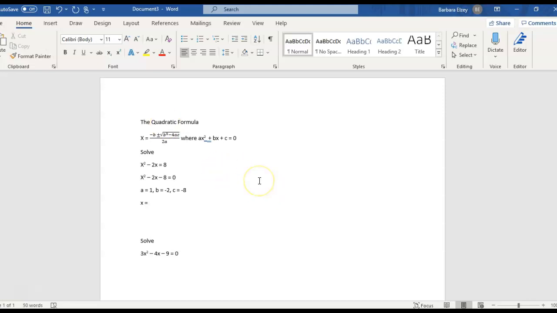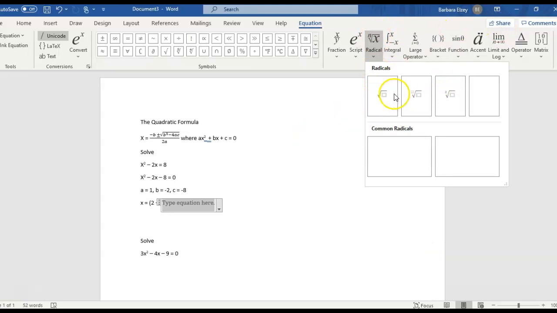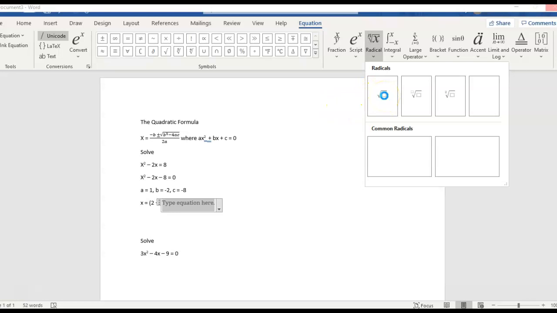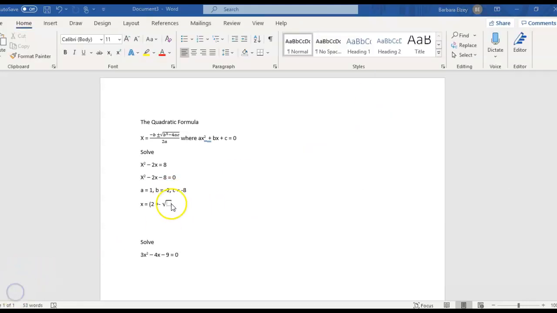All right, so on the top, we're going to have negative b. Well, for us, it'll be negative 2, which is a positive 2, plus and minus the square root of b squared, which for us will be negative 2 squared, minus 4 times a, which was 1, times c, which was negative 8.